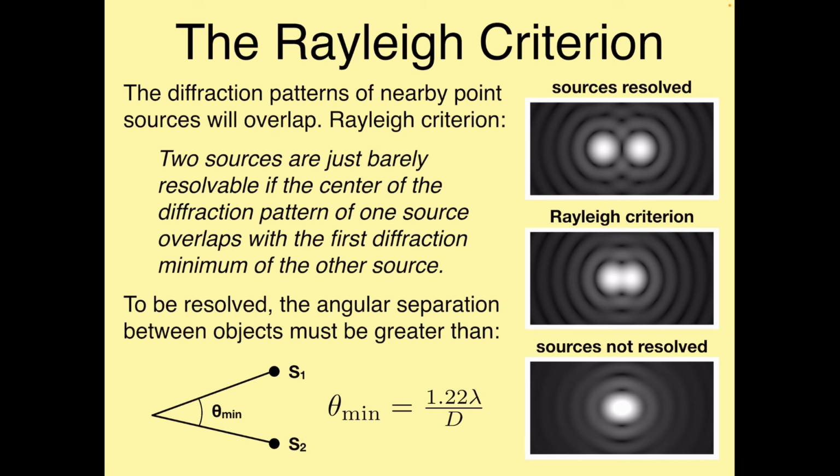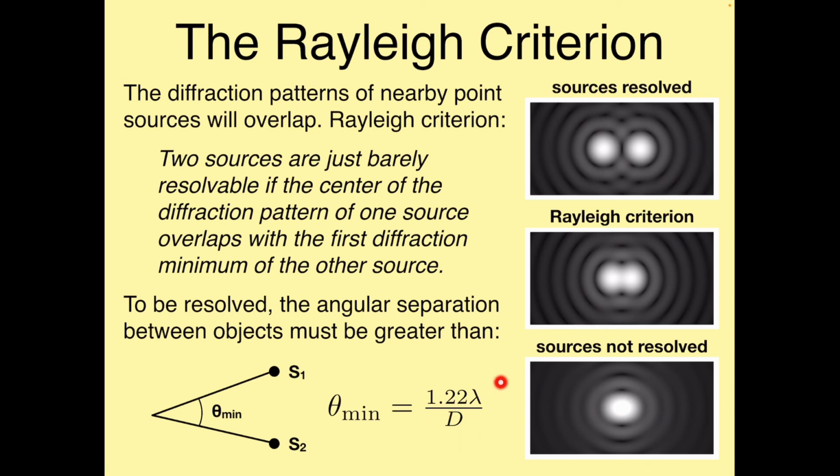So the picture that you should be having in your mind is we have a source over here, S1, another source of light over here, S2. There's some kind of angular separation between them, some kind of theta. In order to actually resolve the 2 objects, the angular separation must be greater than a certain minimum value. That minimum value is 1.22 times lambda over d.